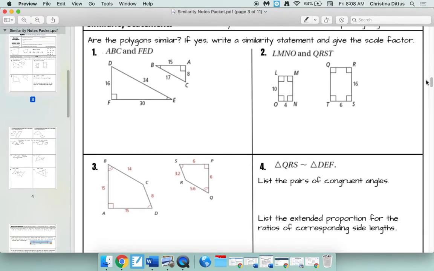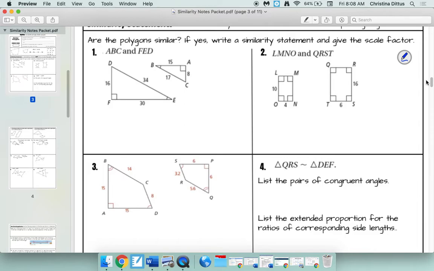We can't have one side matching a scale factor of 3, and another one matching a scale factor of 6. It has to be the same scale factor throughout all of the sides. Alright, first off, in number 1, do I have angles that match?